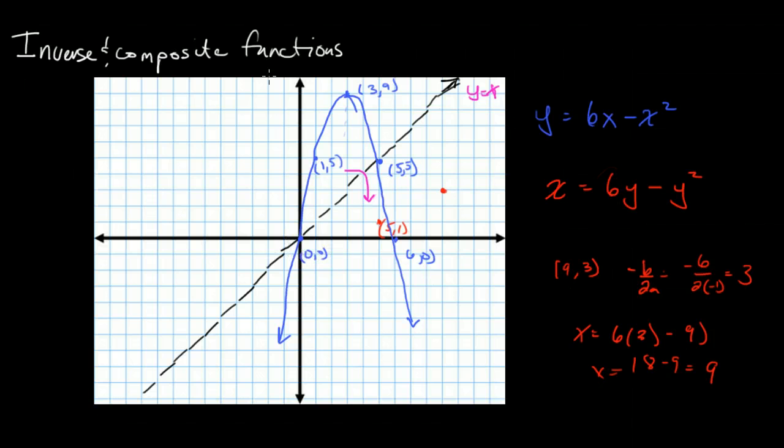So what would happen if I tried to do inverse points using this one? Instead of (1, 5), I would have (5, 1). And then again, I have my (5, 5), I have my (0, 0), and then I would have my (6, 0) up there.